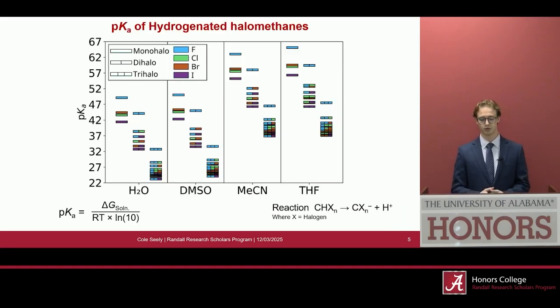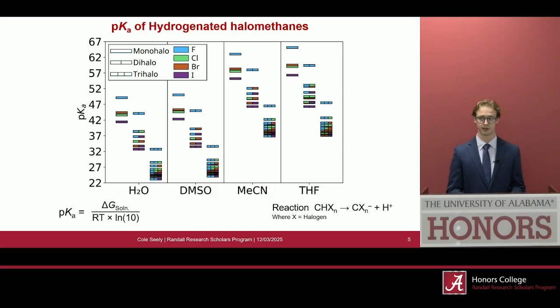For our previous work, we stripped the hydrogen off of the molecule, giving us pKa's of all the hydrogenated halomethanes. We did this in multiple solvents, being H2O, DMSO, acetonitrile, and THF. pKa, for those who don't know, is the willingness of a species to dissociate its hydrogen proton in solution.